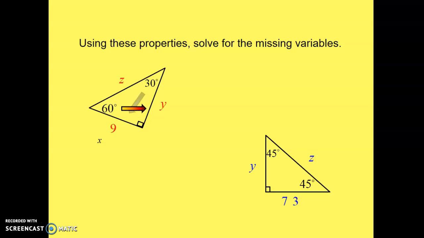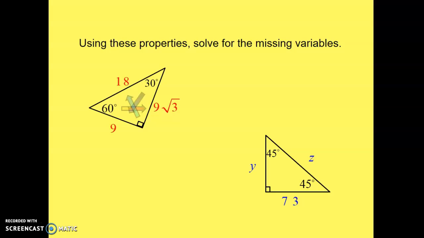So if we have x times root 3 and x is 9, then we have just 9 root 3. If z is across from the 90-degree angle, which is going to be 2x, then we're going to have 18, because 2 times 9 is 18. Okay, see how this works? The relationship between the sides, and if you're given one of the sides, you can figure out the other one just using those relationships.